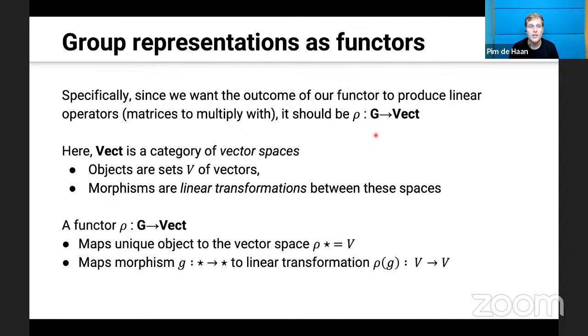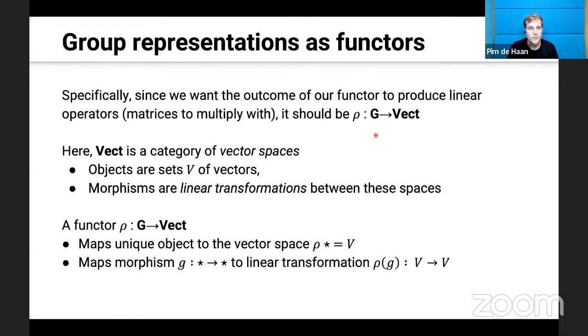So then a functor from the category corresponding to a group to the vector spaces assigns to the unique object in the group category a vector space, and to each morphism in the group category a linear transformation. And the functor rule that composition is preserved tells us exactly that group multiplication corresponds to the matrix multiplication of the matrices of the group elements.